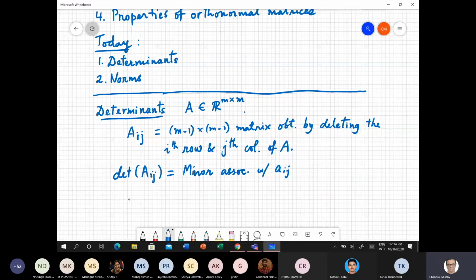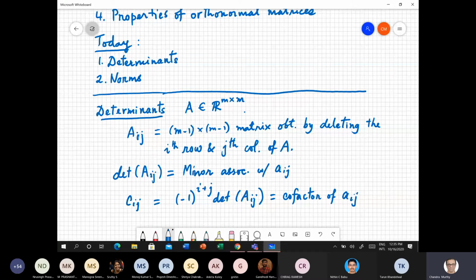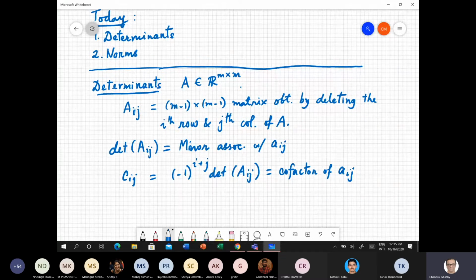And we define Cij to be the cofactor of Aij, which is equal to (-1) to the power i plus j times the determinant of Aij. Then this is the definition of the determinant of A. This is called the cofactor expansion.